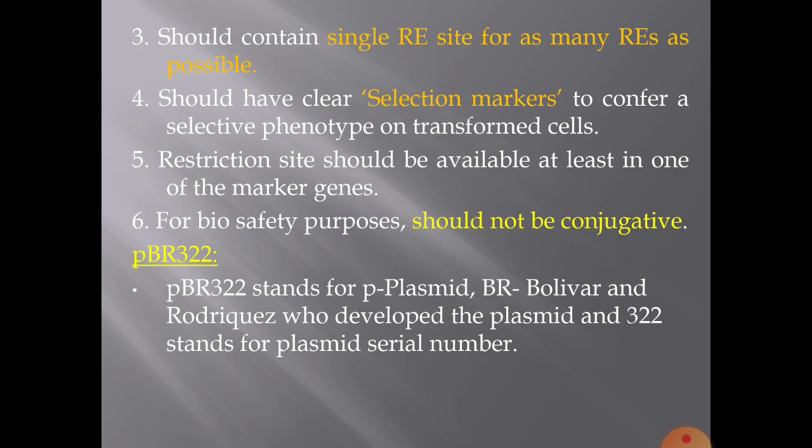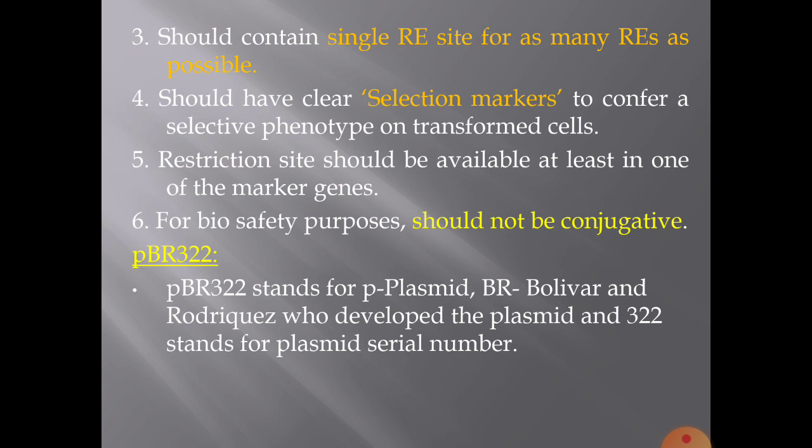Then they should contain a single restriction site for as many restriction enzymes as possible. Okay. Then they should have clear selection markers. Just now I have taught you this, to confer a selective phenotype on transformed cells. I will tell you a little later what exactly this is. Then a restriction site should be available in at least one of the marker genes.